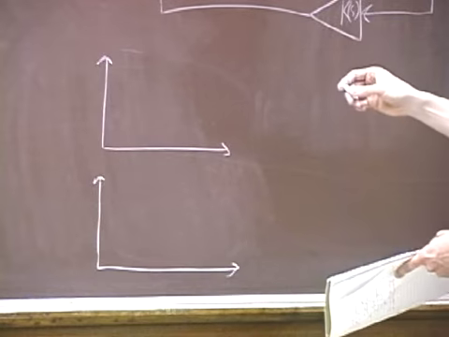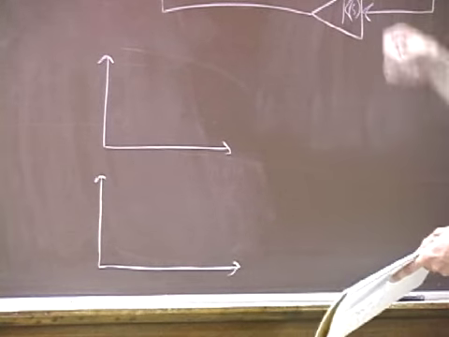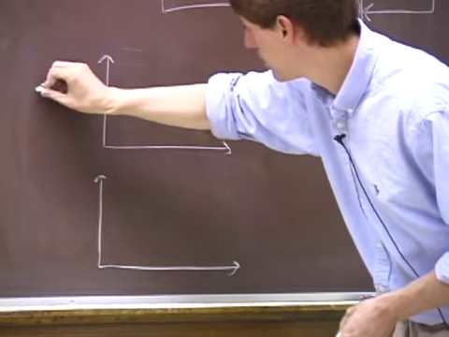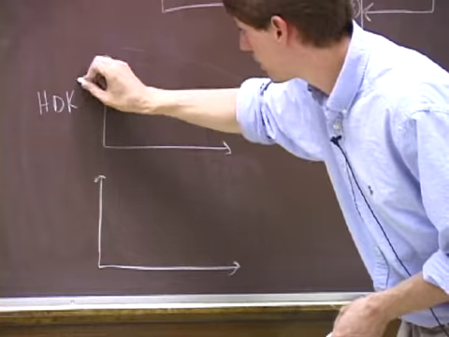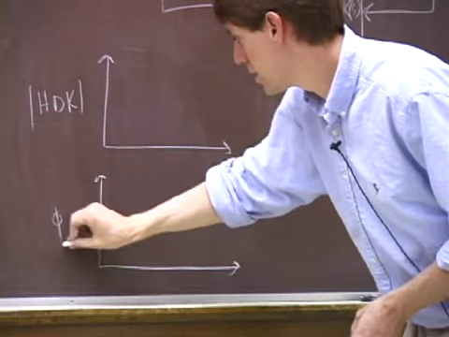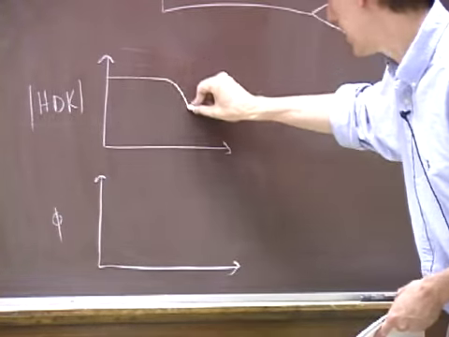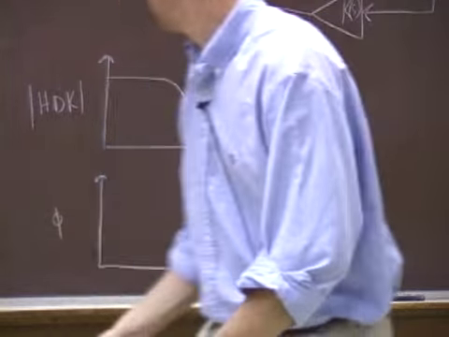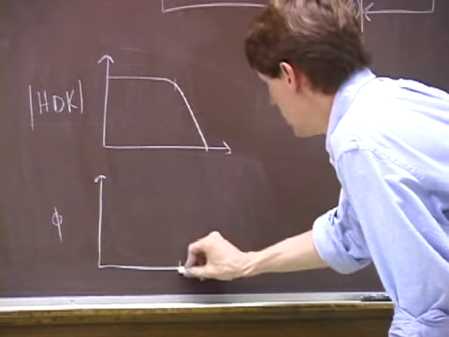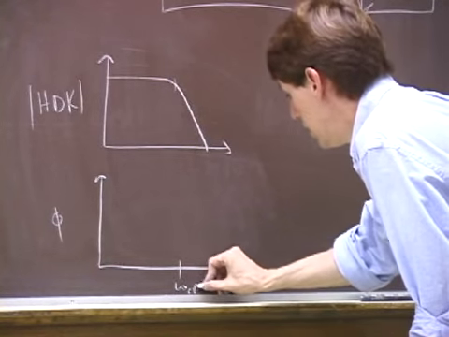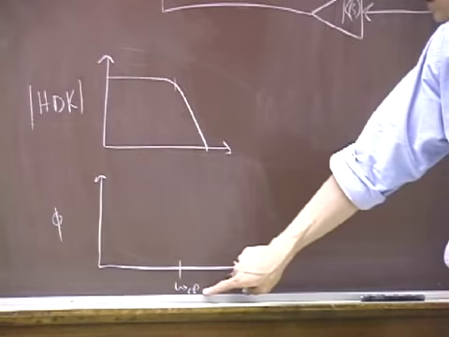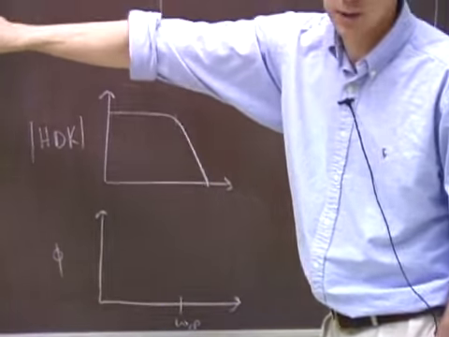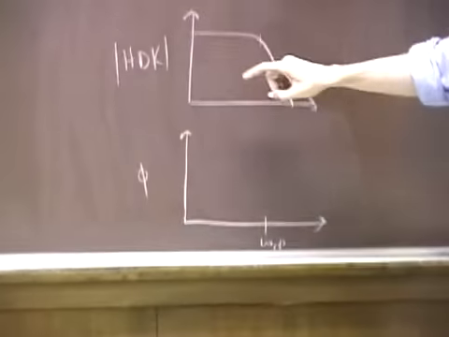In this case, I'm going to draw a Bode plot of the total open loop gain, HDK, and its phase. And again, just like a low-pass filter, up to a frequency that corresponds to roughly 1 over the storage time of the cavity, the system is flat.